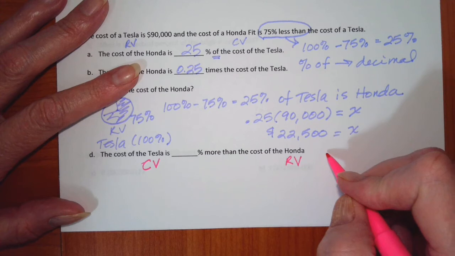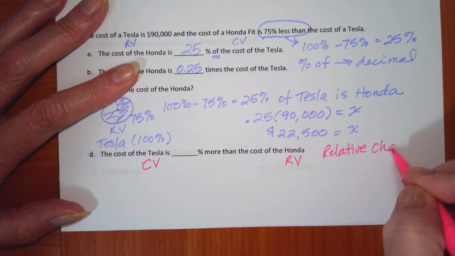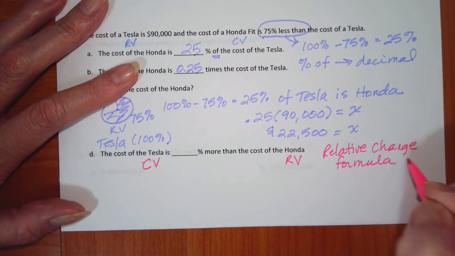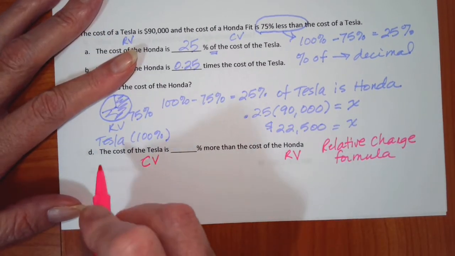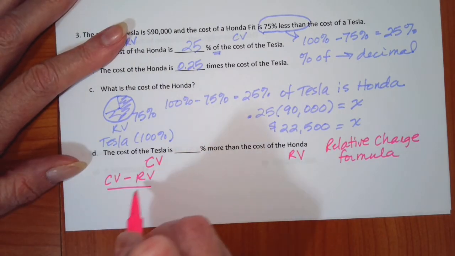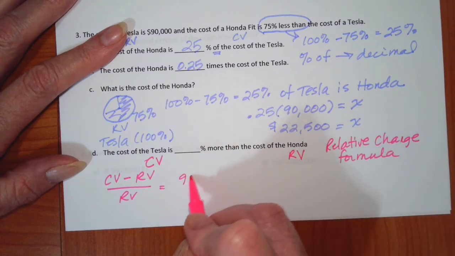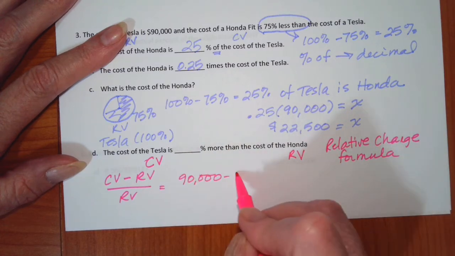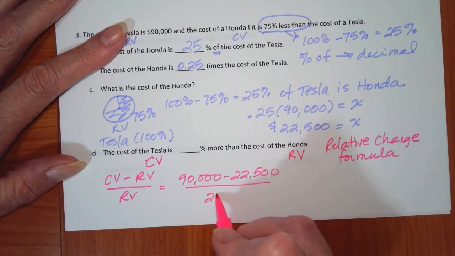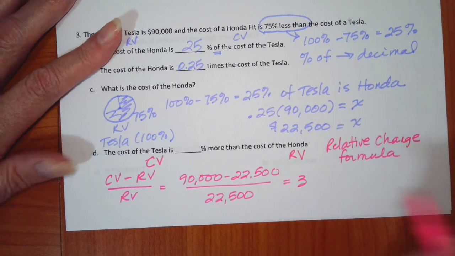So to find that, we're just going to use the relative change formula, which of course means the compared value minus the reference value divided by the reference value, which is 90,000 minus 22,500 divided by 22,500, and when I do that I get 3.